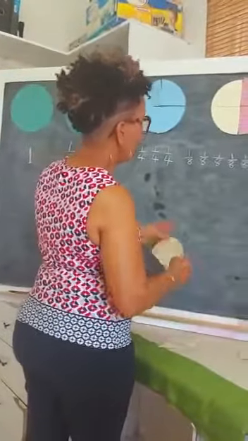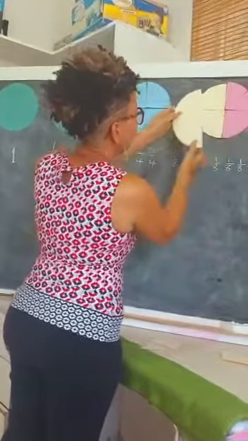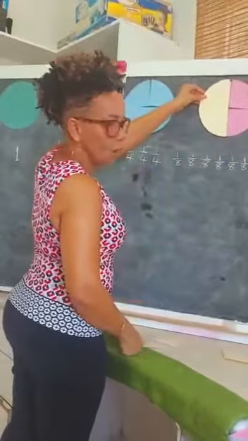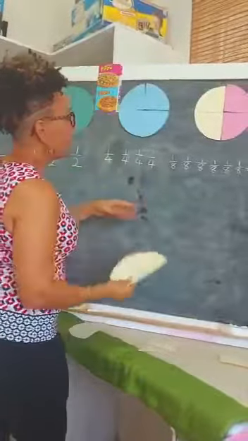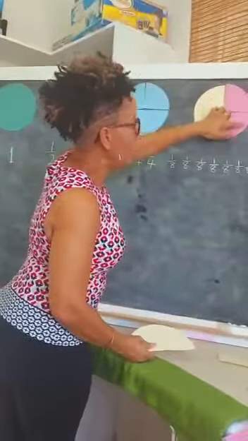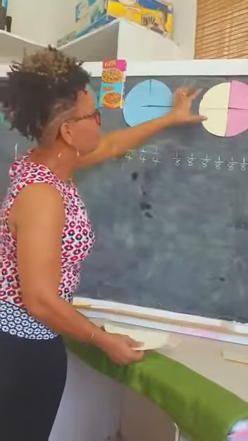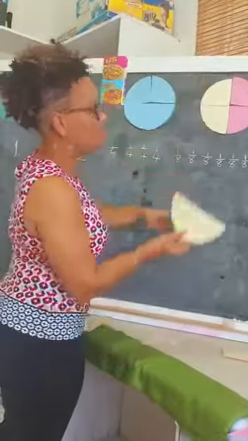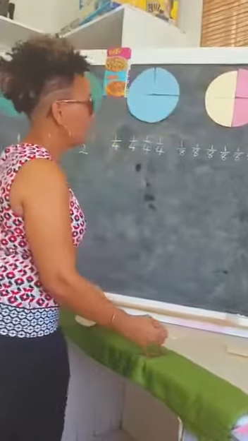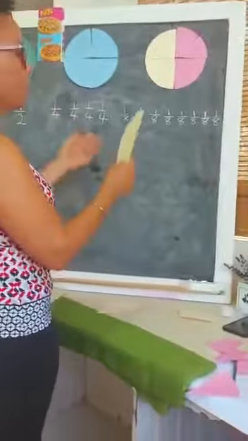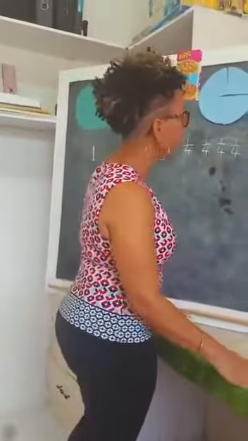Also, our 4 1/8 would be equivalent to our half. So 4/8 here would be the same as 2/4, which is also the same as 1/2. So that is our concept of equivalent fractions for this fraction family.